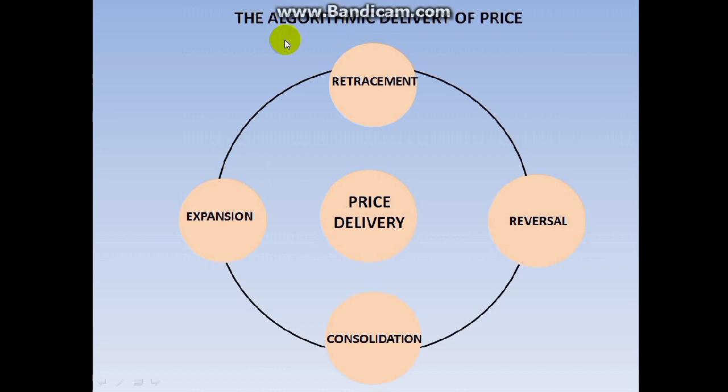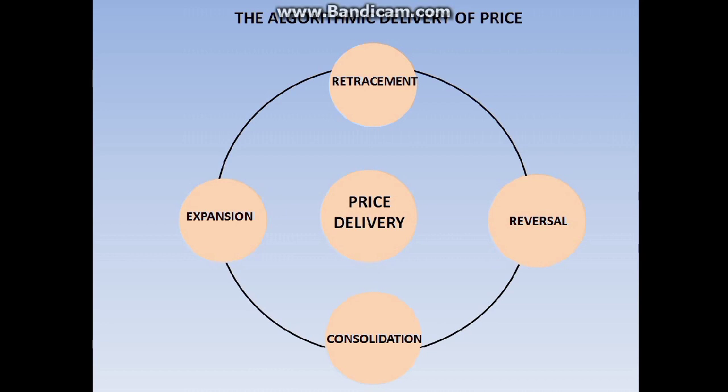Now the algorithmic delivery of price. We all know before now that price is being delivered by AI, artificial intelligence. Before now it used to be a kind of manual process, but with the age and emergence of sophisticated computers, coding, and the rest, the world is advancing in technology.